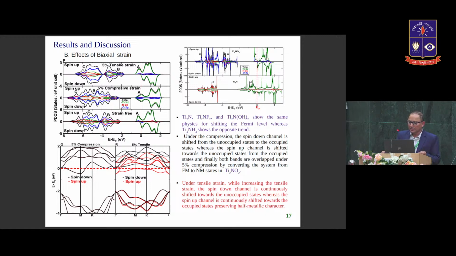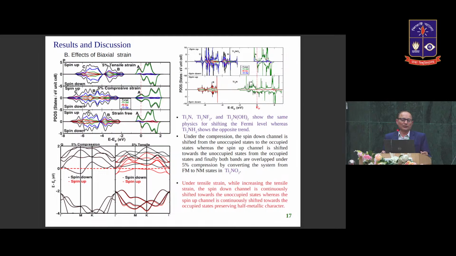So actually on the compression, the system converts from the metallic half magnetic to an antiferromagnetic conductor type. But after compression, there is no effect in the half metallicity of the systems.